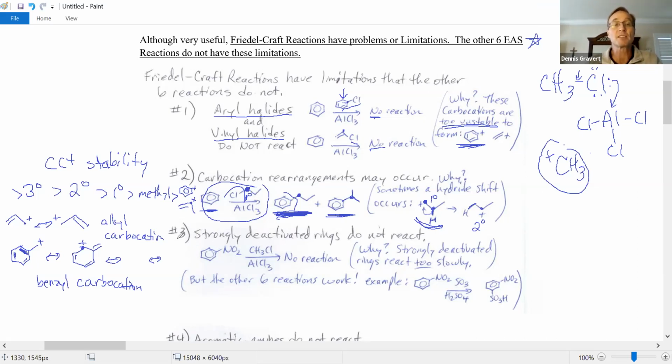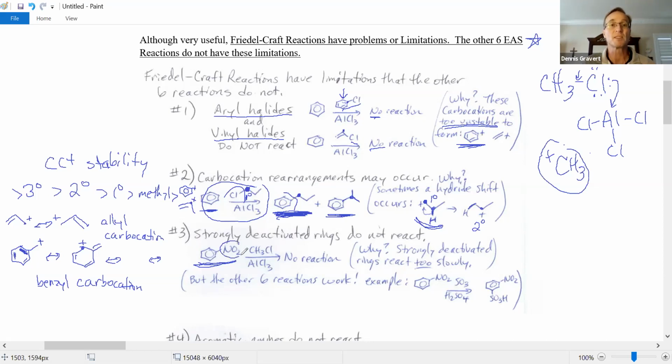Third one, this one's not too bad, you just have to remember. And it won't make that sense now until your next video, but bear with me. Limitation number 3 is if the ring, the benzene ring is too deactivated, Friedel-Crafts reactions shut down. So in our next video, we'll talk about what happens if there's already another group on the benzene ring.